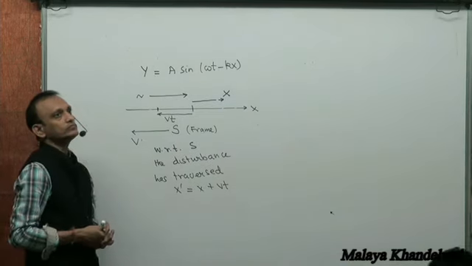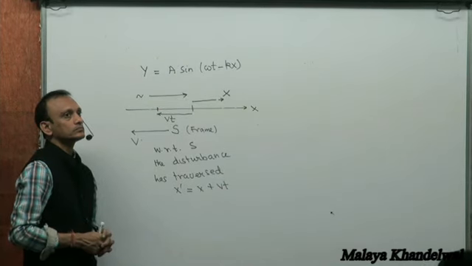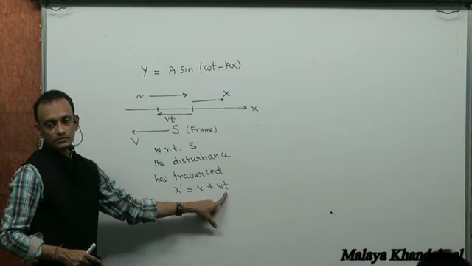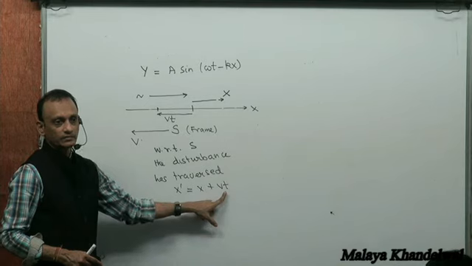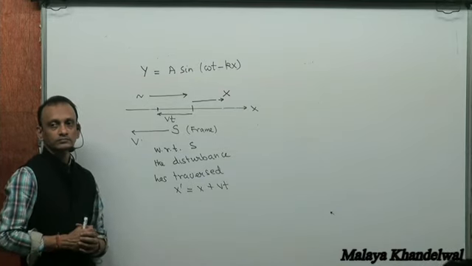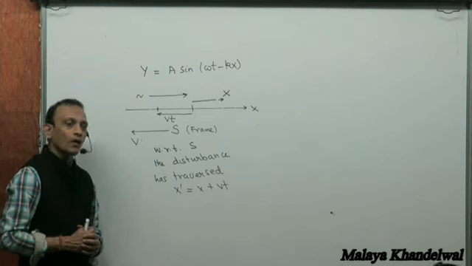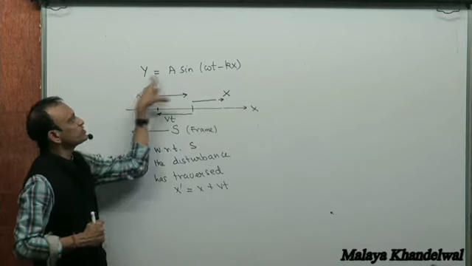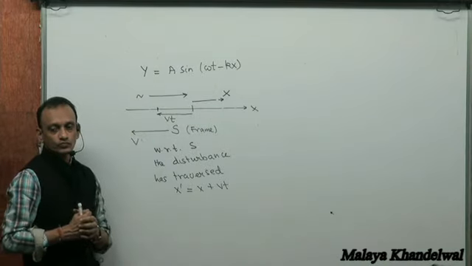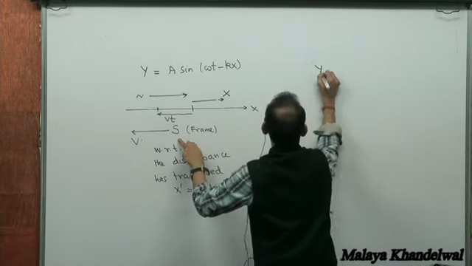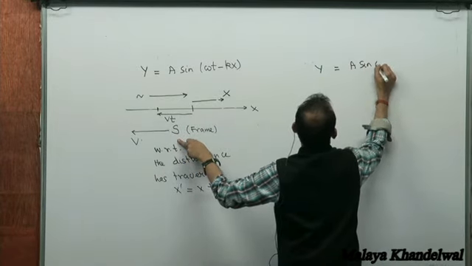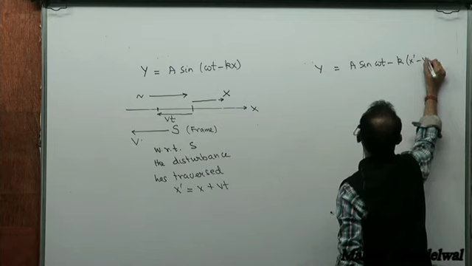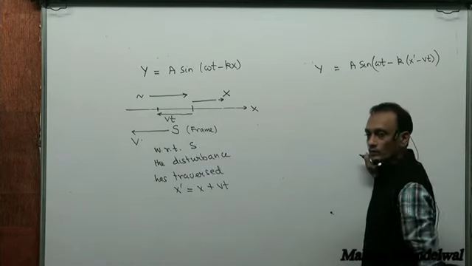So now, can I write x as x prime minus vt? Can I do that? What would this equation translate to? This equation with respect to the frame S would translate to a sine(ωt − kx), where x is x prime minus vt, right?